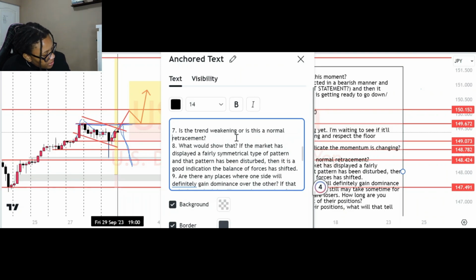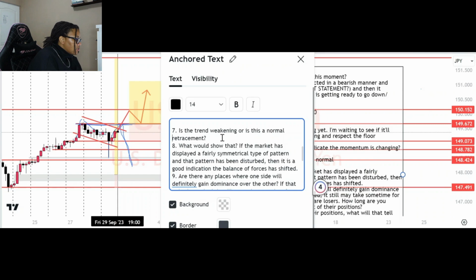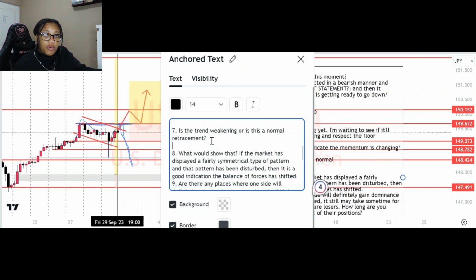And then number 7 says, is the trend weakening or is this a normal retracement? I cannot define that yet because I'm still waiting to see which one of those it is. Remember, we spoke about all of that in the analyzing of the chart, right?